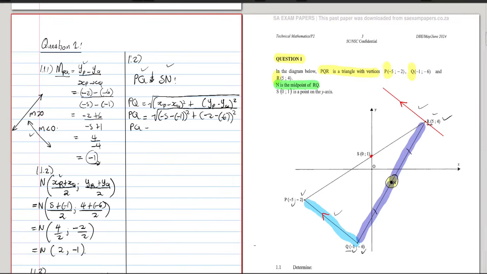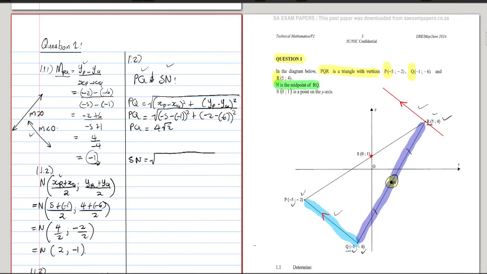And then we have PQ equals, let's calculate, negative 5 minus negative 1 squared, plus negative 2 minus negative 6 squared. I'm getting 4 square root 2. Then we also work out SN.